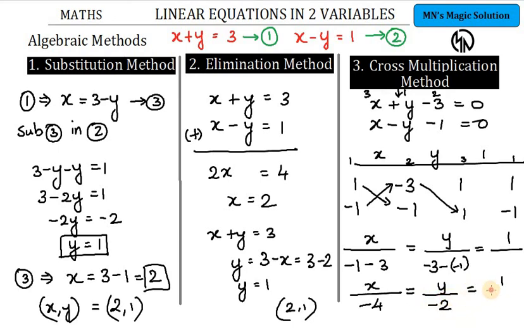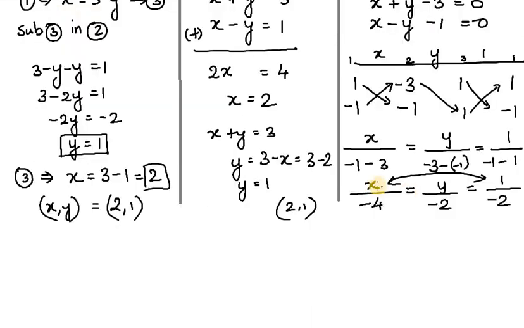Again we write the constant, 1 divided by what? To write 1 divided by, here again we cross multiply. You have to take 1 into -1, which is -1, minus of, multiply these two, 1 into 1 is 1, so -1 minus 1 is what? Minus 2. After this we need to simplify further. This is equal to this, right? So x by -4 is equal to 1 by -2.